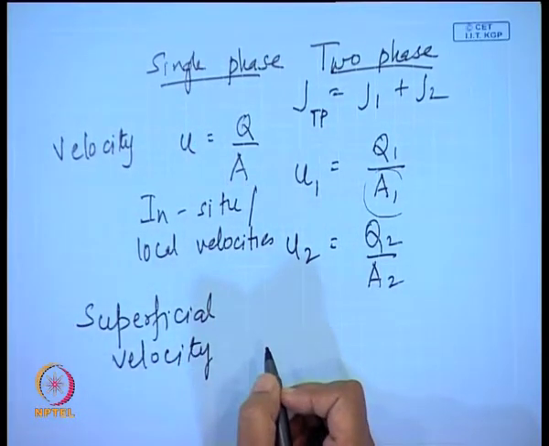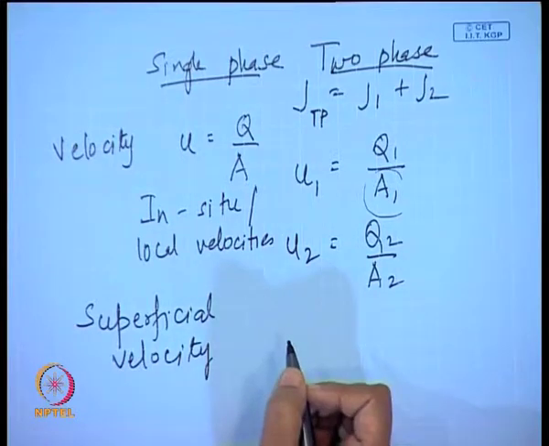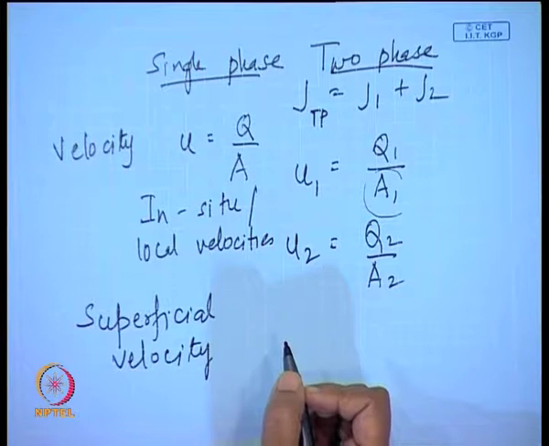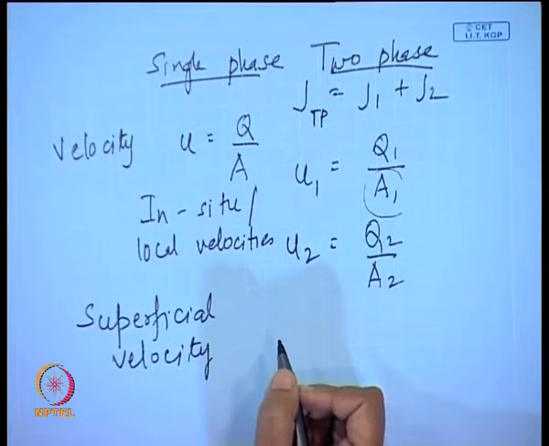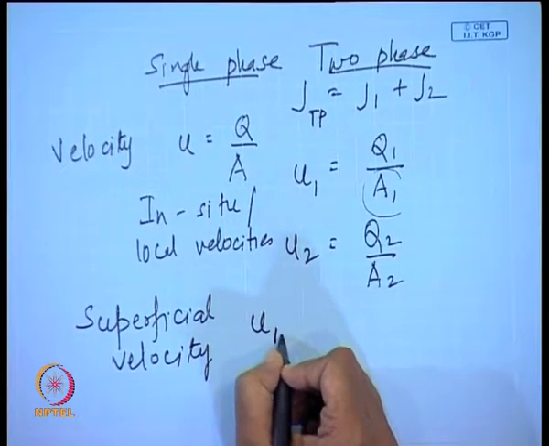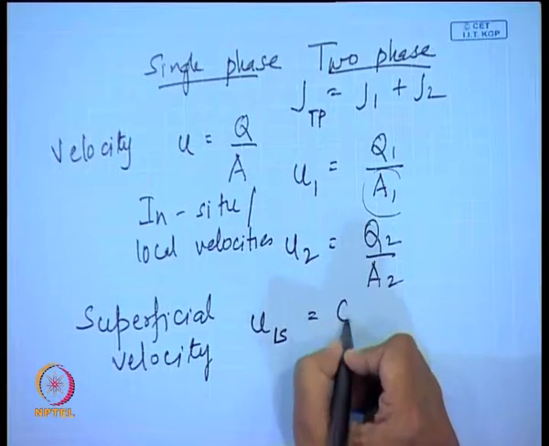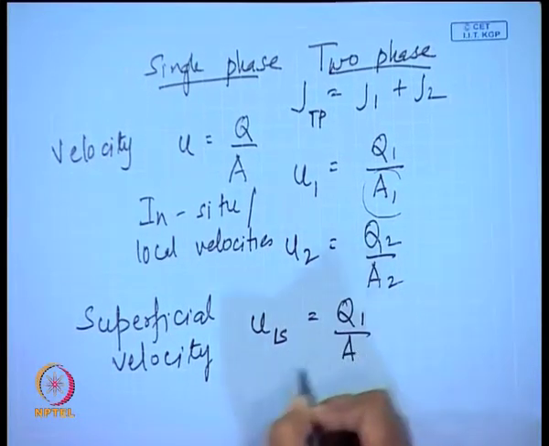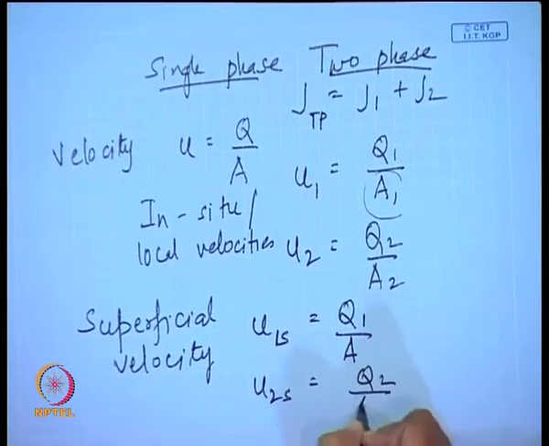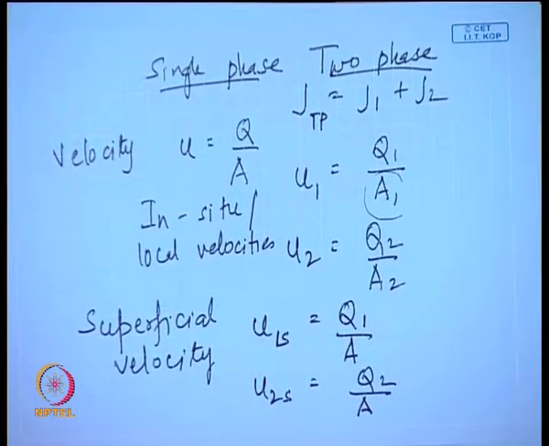So that when we talk of the velocity, say air and water are flowing, we always mention that the superficial velocity of air is say 1 meter per second, the superficial velocity of water is say 0.5 meters per second, where we define the superficial velocities as Q1 by A, and this will be equal to Q2 by A.